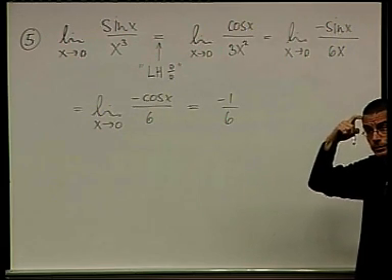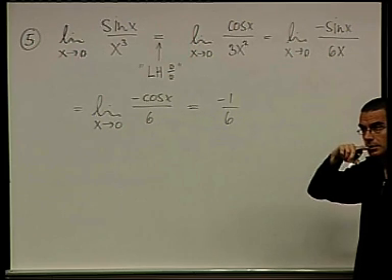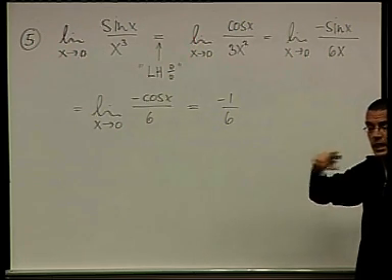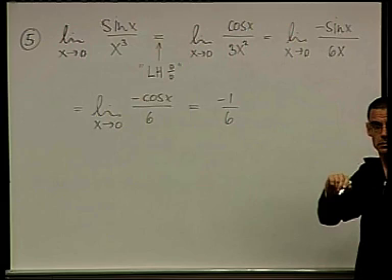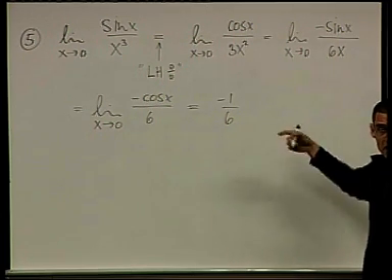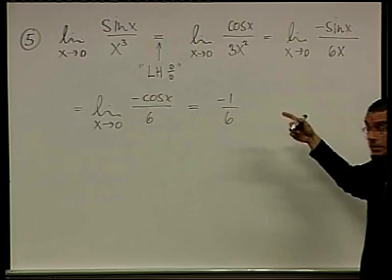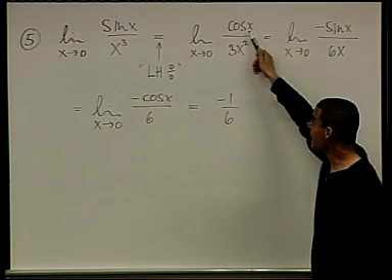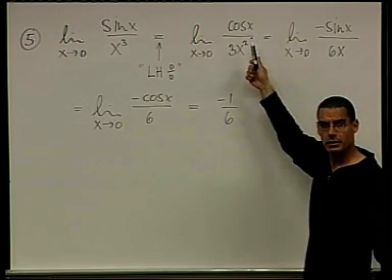Good? No. No? Why not? Right. I lied. So where's the lie here? Right. Cosine x goes to 1.